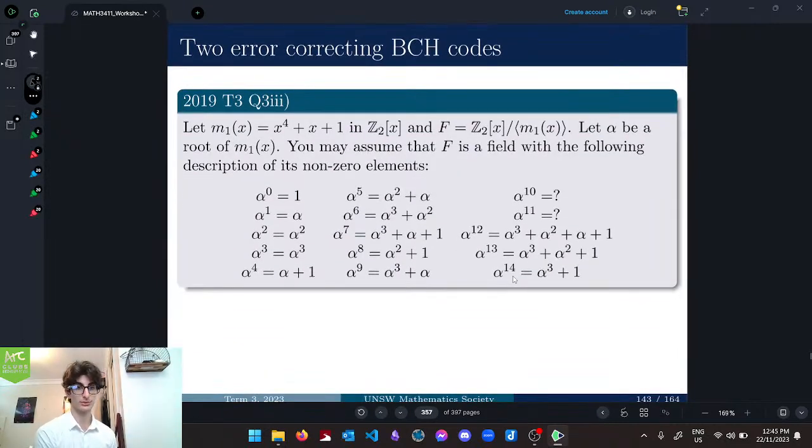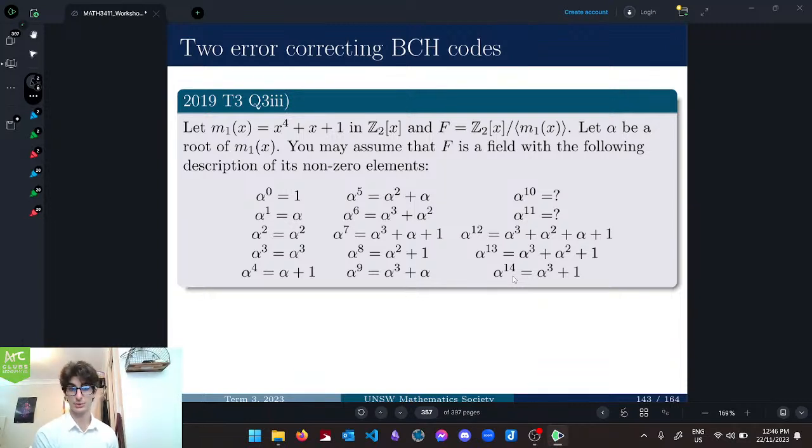So we'll go through an example question. Let M1 be this polynomial, x to the 4 plus x plus 1, in Z2[x], and F be the field of Z2[x] quotient with our polynomial x to the 4 plus x plus 1.